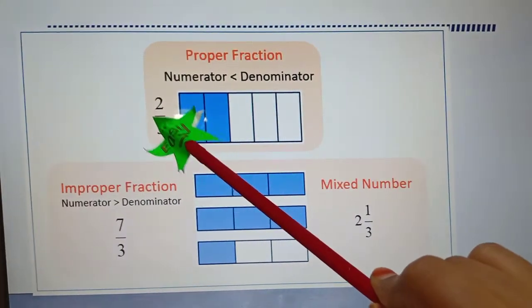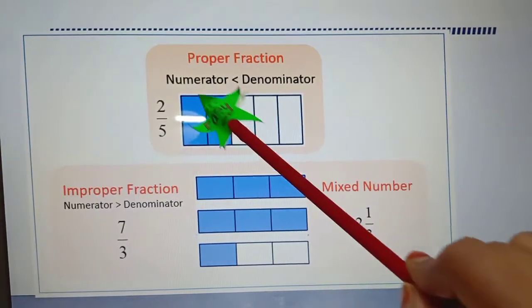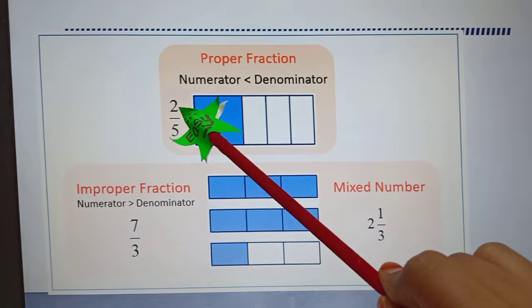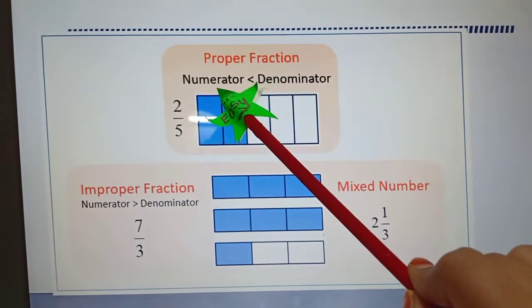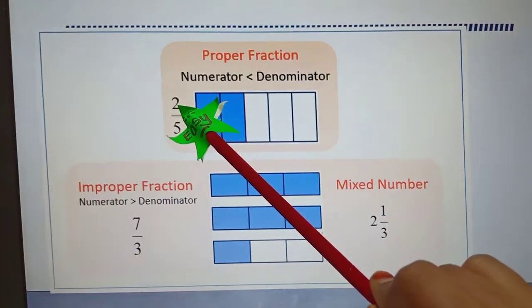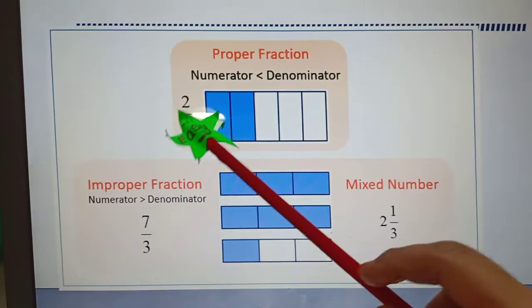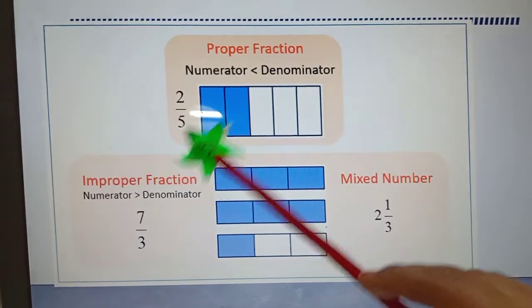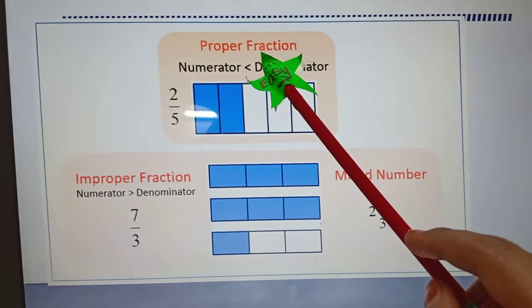Everything here, the number 5. How many parts do we color? 2. Numerator. You see, the numerator is less than, smaller than the denominator. Numerator, the up one, smaller than the denominator. Then only we call it a proper fraction.